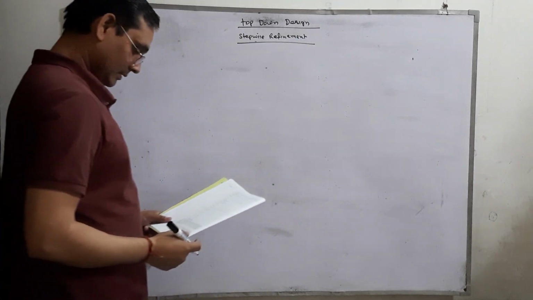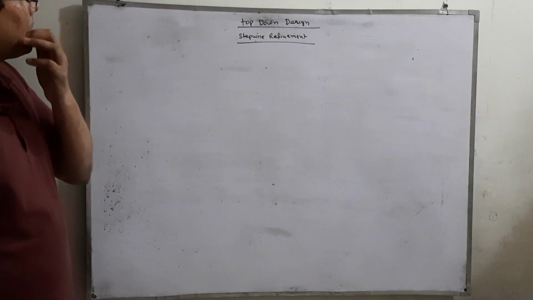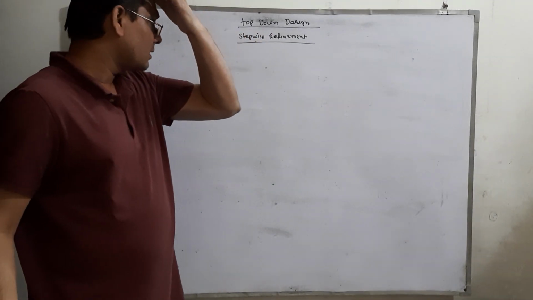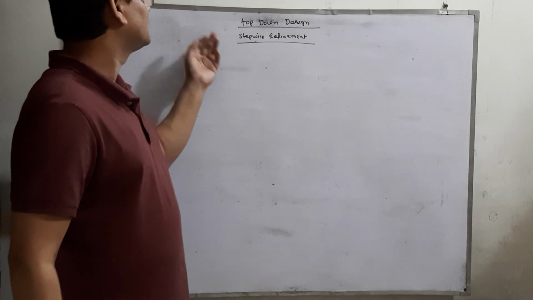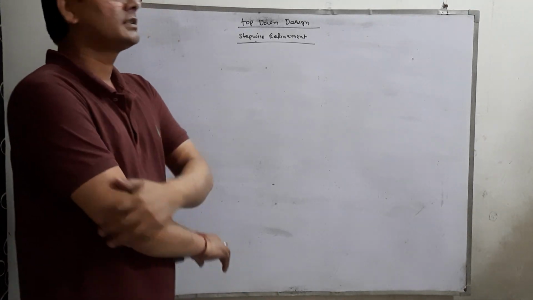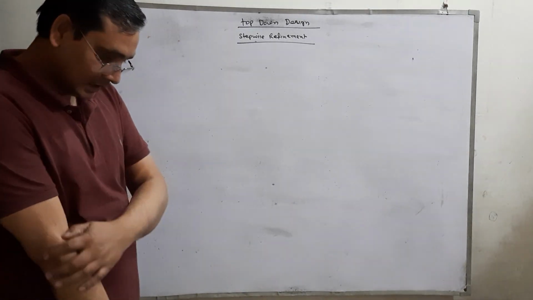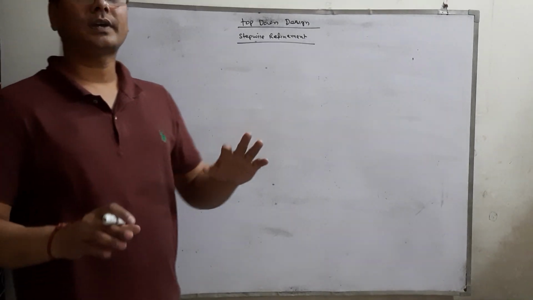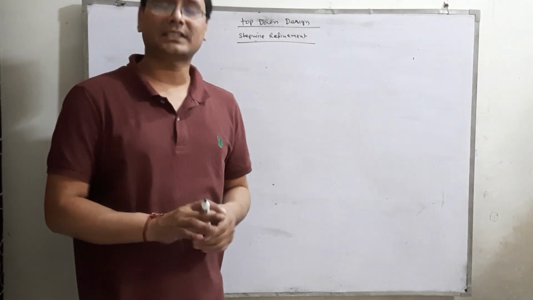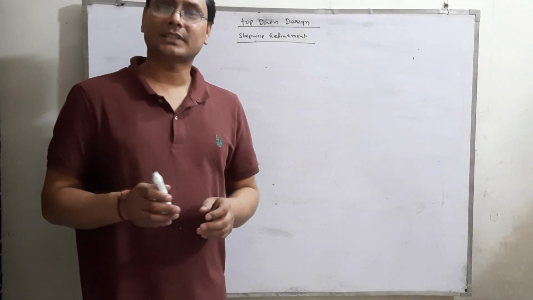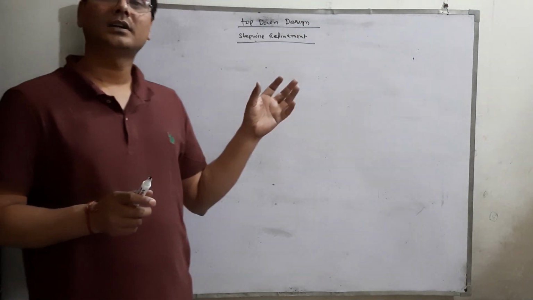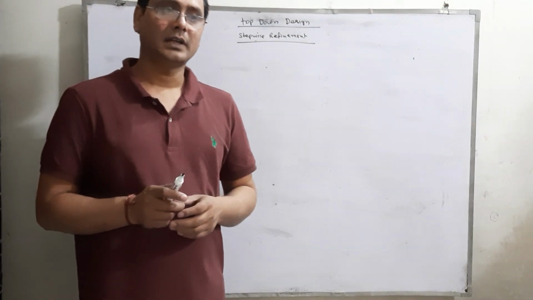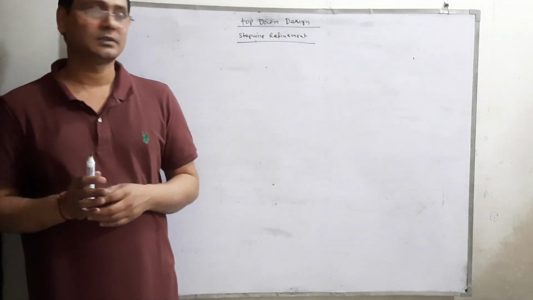What is top-down design, or stepwise refinement? Basically, whenever we are going to solve any huge, large or complex problem, it needs to be split into smaller problems or sub-problems. It is easier to solve it that way.